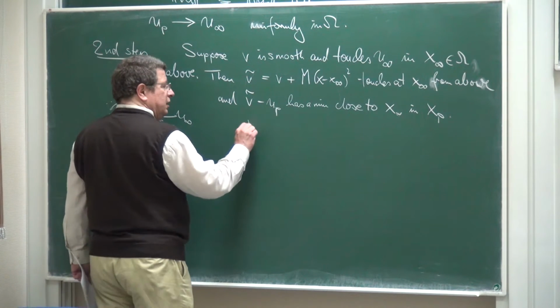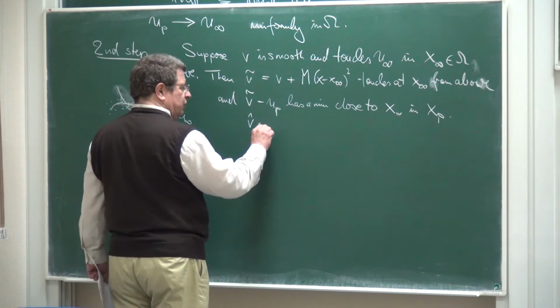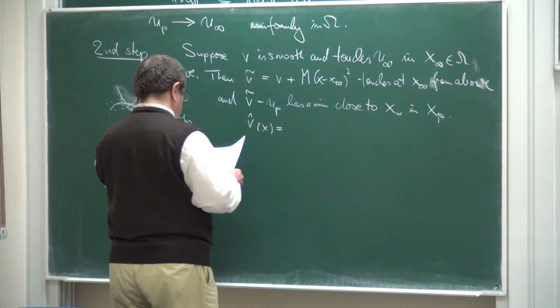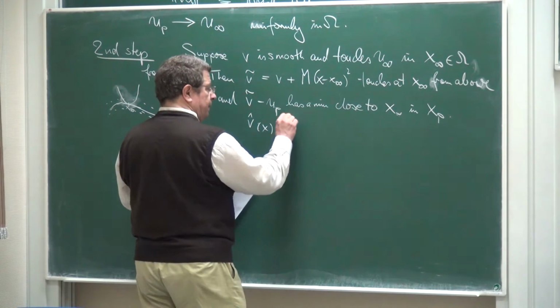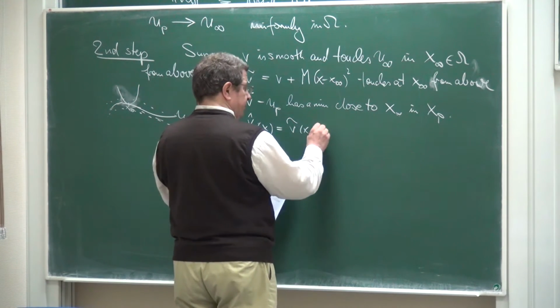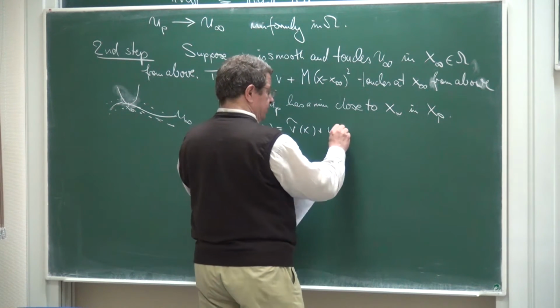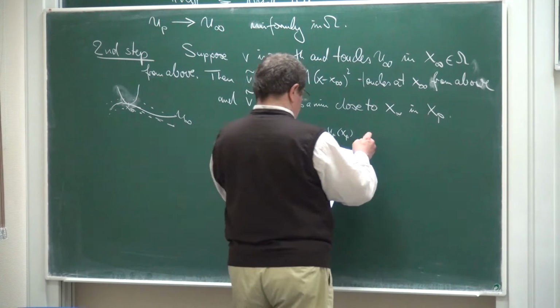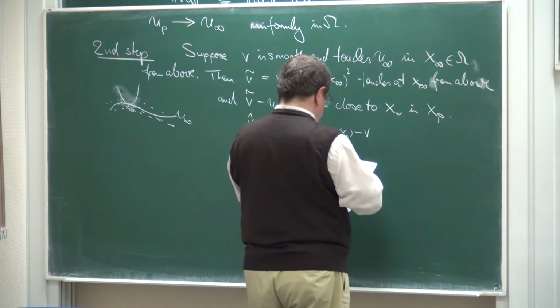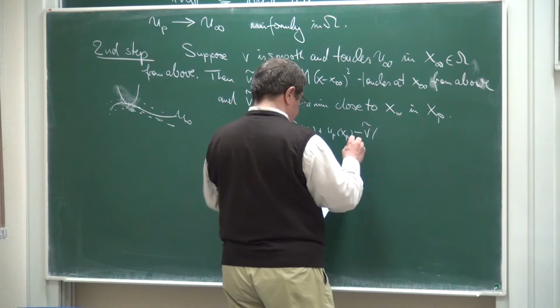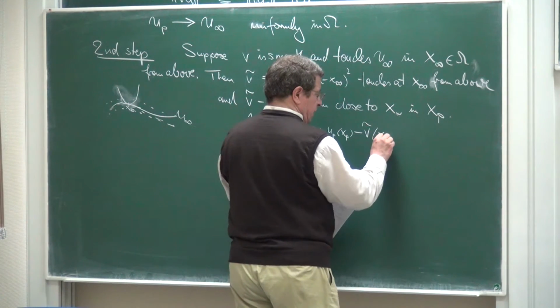And then I define v hat of x to be v tilde of x plus u_p in x_p minus v tilde in x_p.